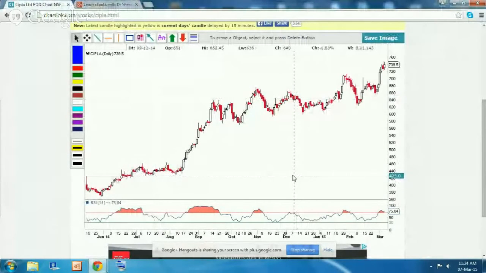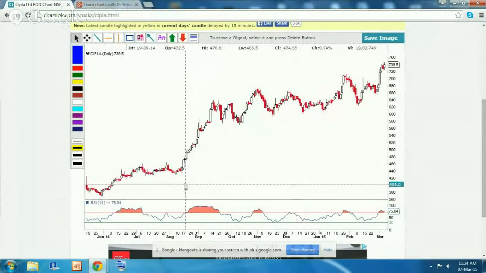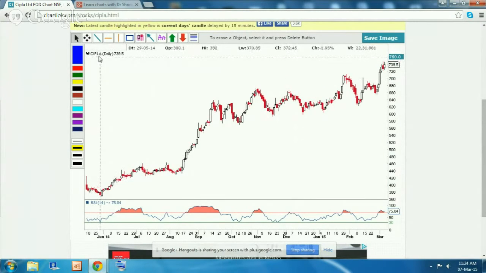Okay, this is a daily chart of Cipla. It means each candle which is shown here is of one day. Every candle shows the open, high, low, and close of that particular day. Now, if you see here on top, that is Cipla and daily written.